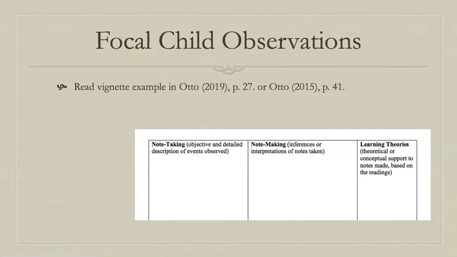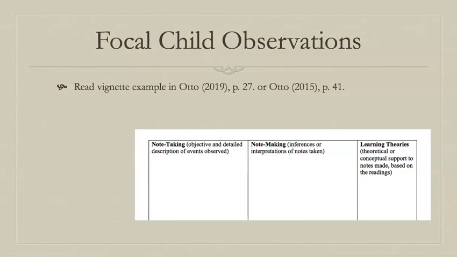And then she noticed that he can express his thoughts clearly. So those are some inferences and interpretations that could go in the note-making column, alongside others that you're making of what you observed. But this will give you an example of what would go in the first column and in the second column.